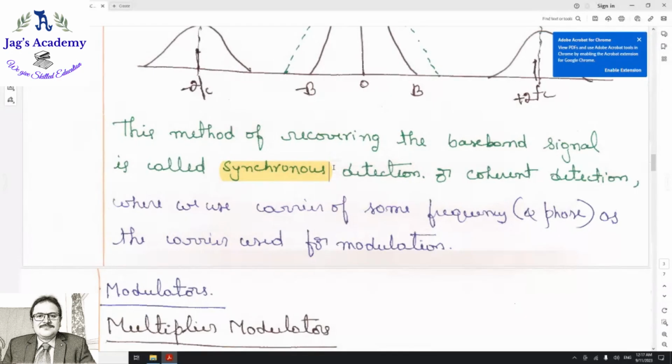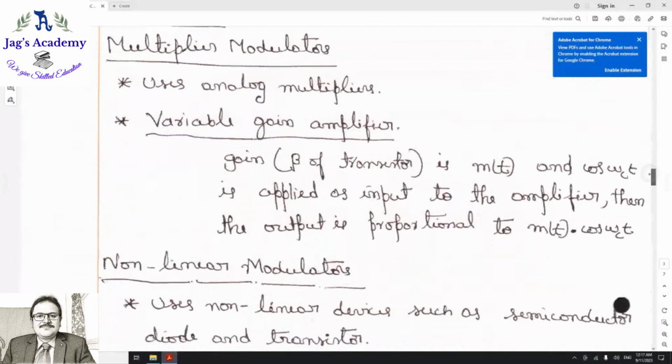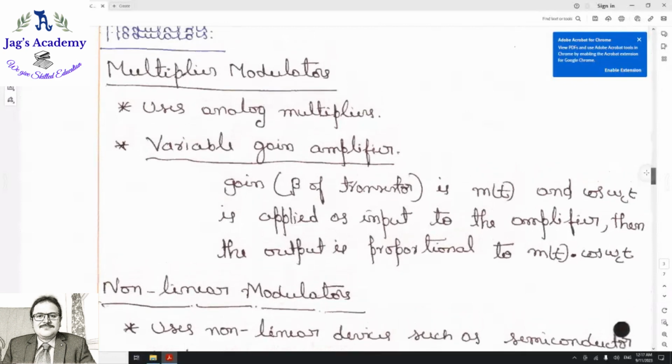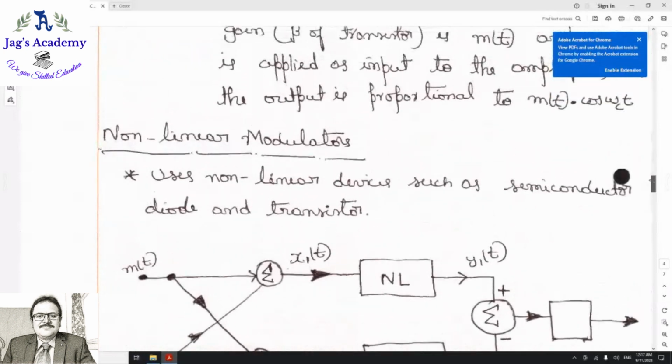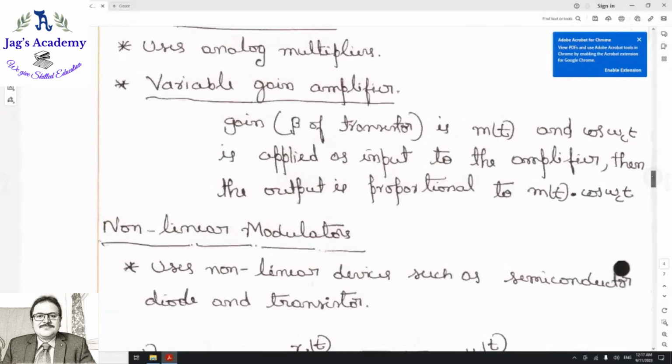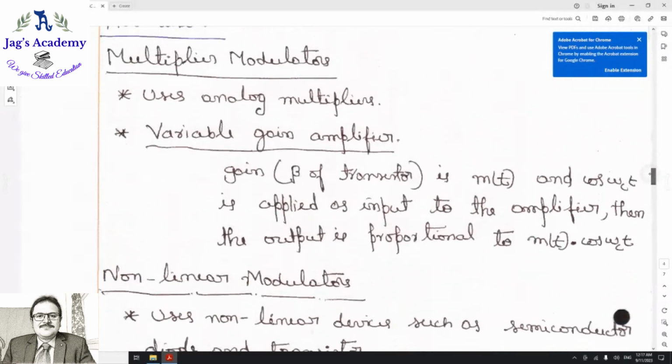Okay? Or it is called a coherent detector, where we use a carrier of the same frequency and phase as that used in the modulation. Okay. Now, let us see how do we get the modulator.